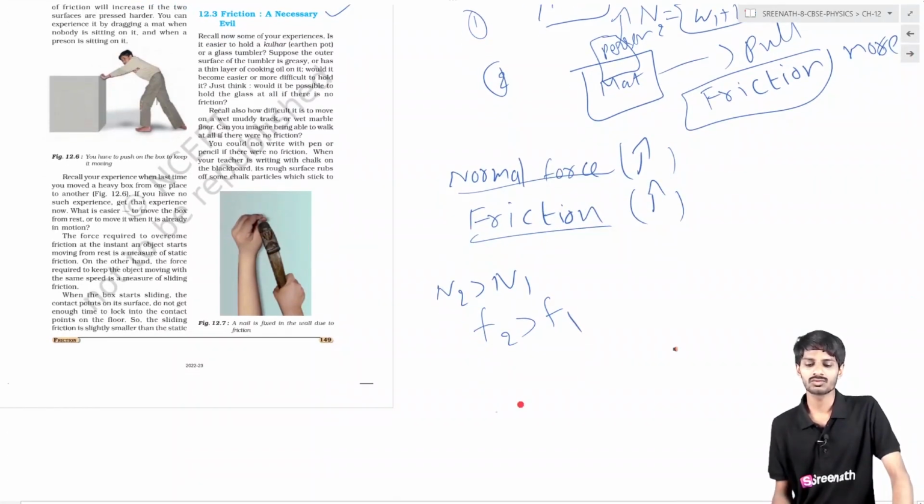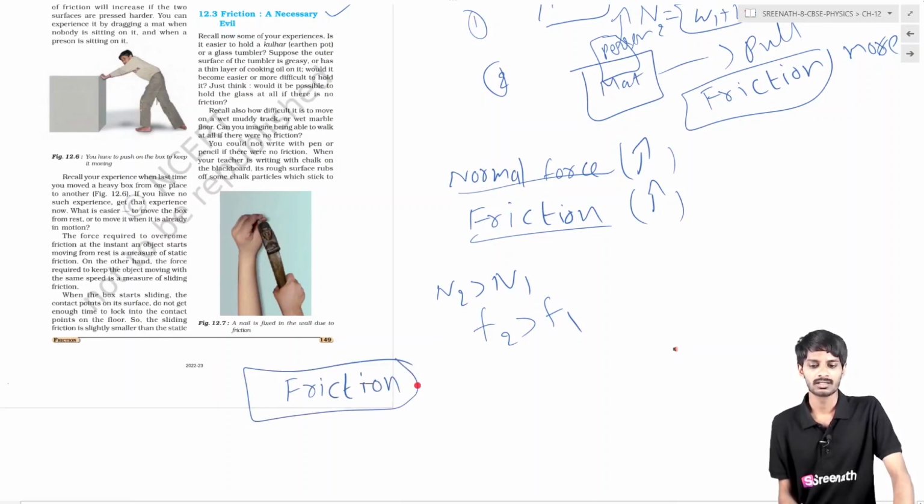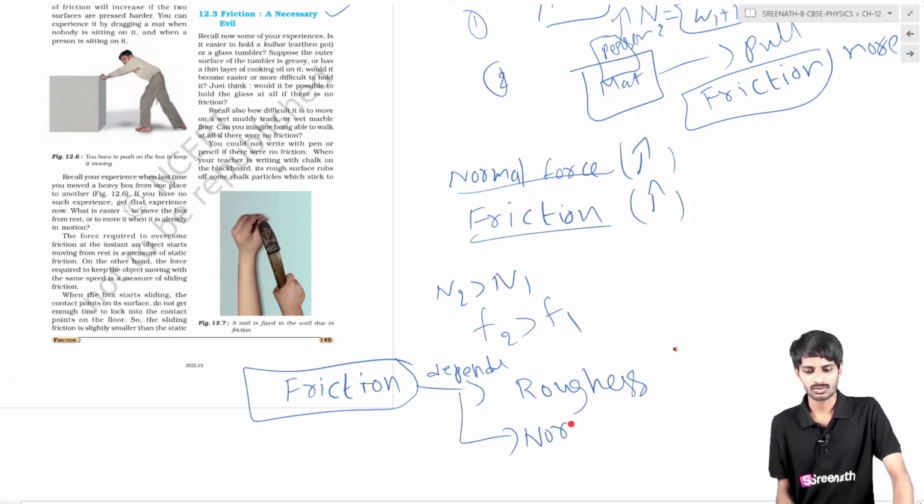So finally we can conclude that friction depends upon roughness and also on normal force. When roughness increases, friction increases.